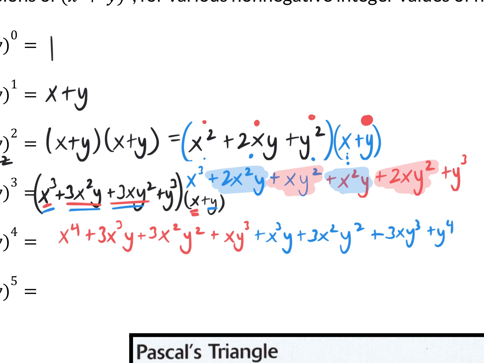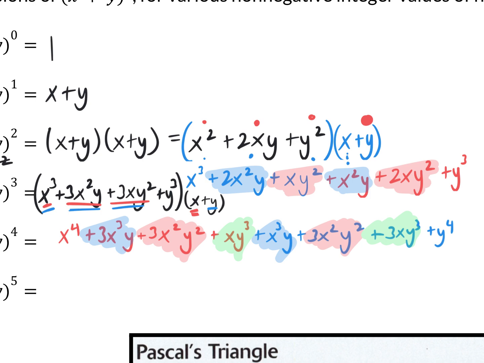We good so far? Any mistakes? Okay, so now I can combine my like terms, right? My like terms that I can combine are 3x cubed y with my x cubed y. I can combine my 3x squared y squareds together, and I can combine my xy cubed together.